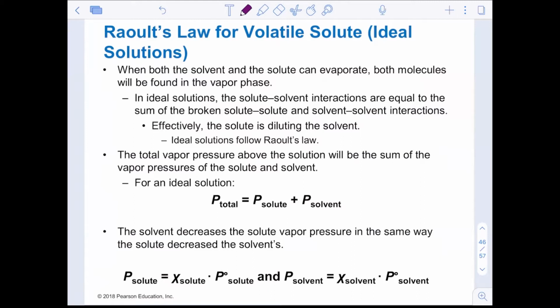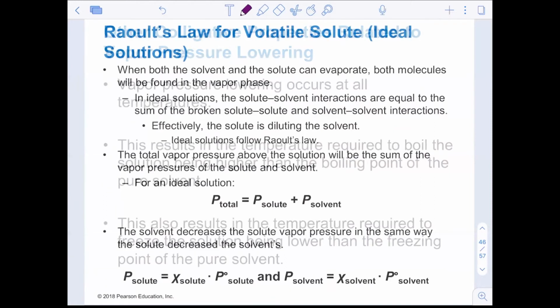So this would be things like a liquid-liquid interaction, things like ethanol in water or acetone in water. Both of those are liquids. They would be miscible, and the vapor pressures for both of the solutions from the pure to the solution would drop, but we're not going to do this type of setup. So skip this one, okay?